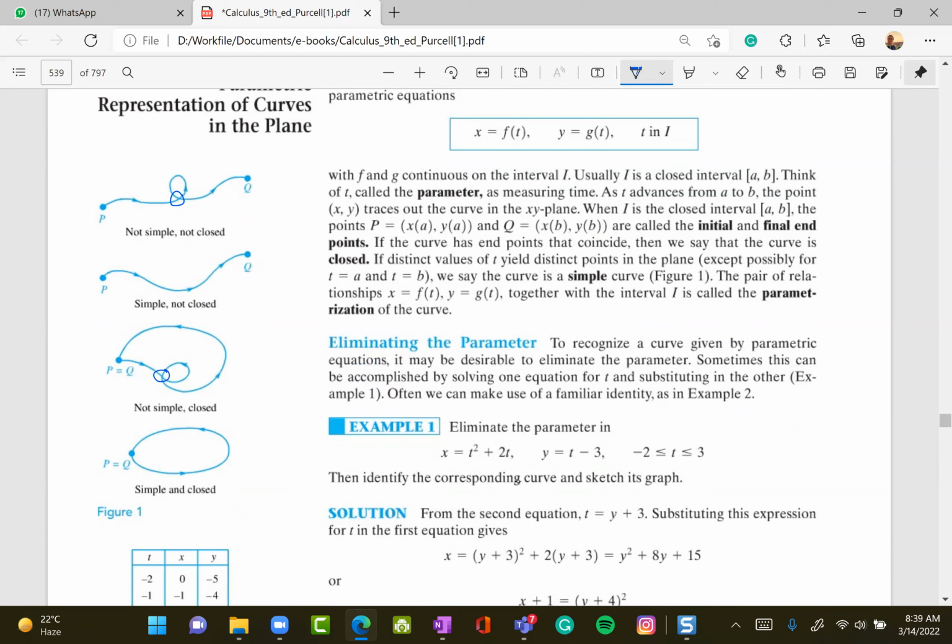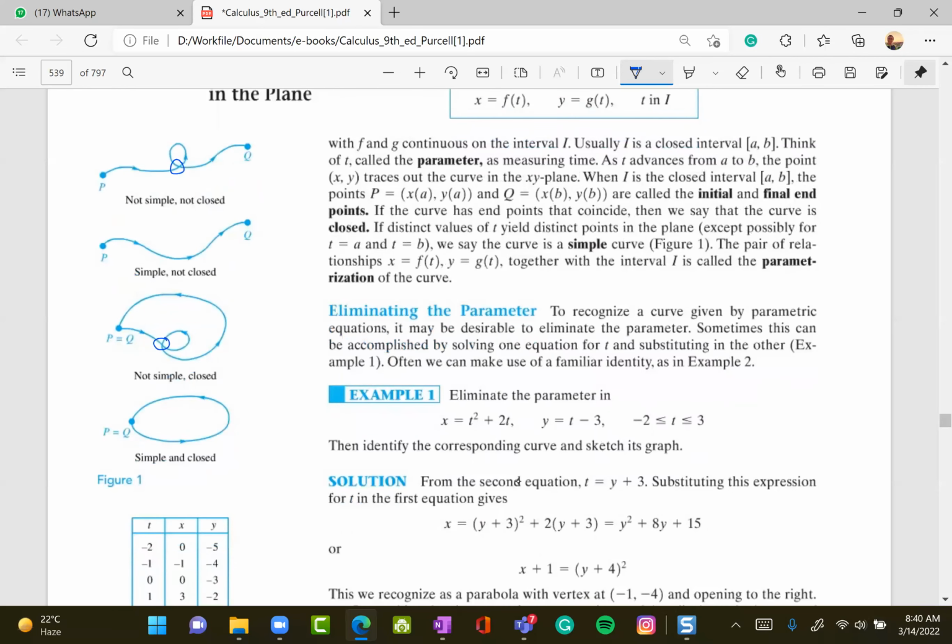All right, so let's go on with recognizing the curve again. So graphing the curve, for example, this one here. Eliminate the parameter here. So x is given by t squared plus 2t, y is given by t minus 3, t between negative 2 and 3.